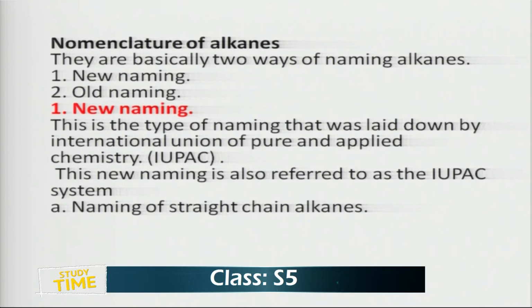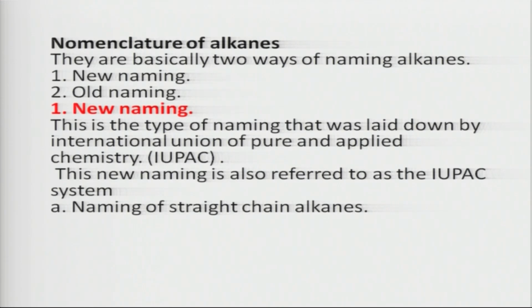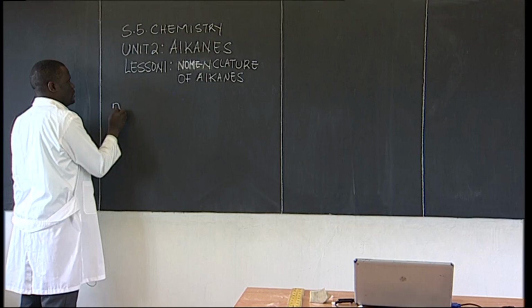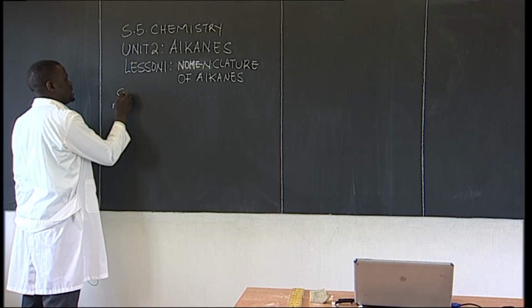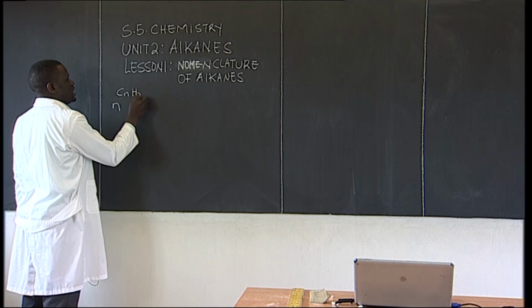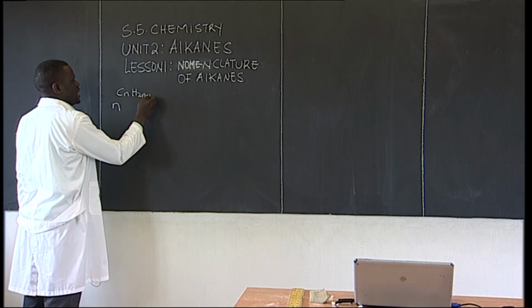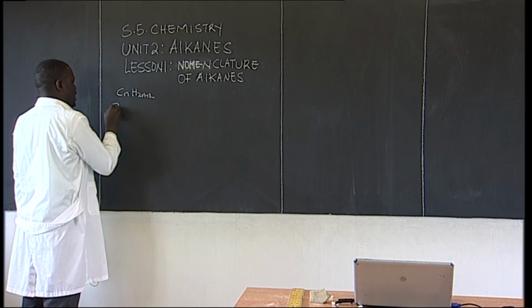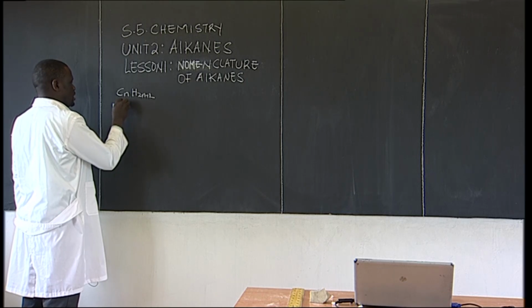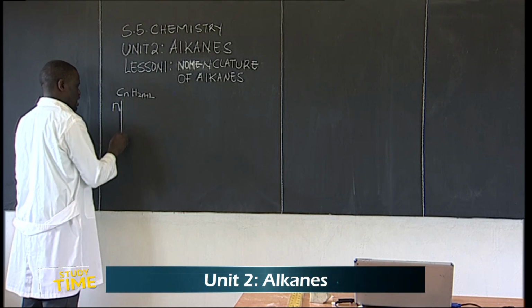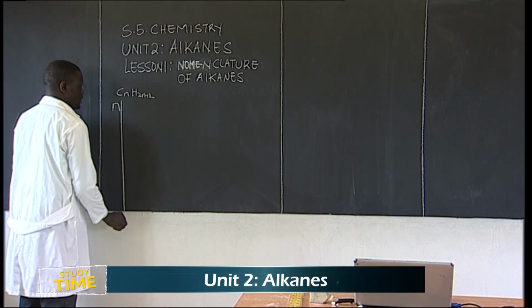We are going to have a simple table here where we're going to put N. Remember, we've said our general formula is CnH2n plus 2. So N is the number of carbon atoms.